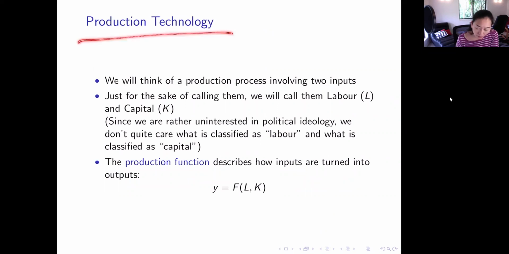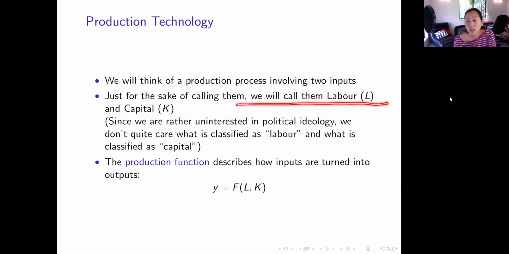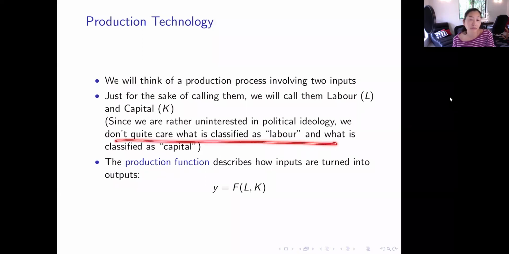Production technology: we will think of a production process involving only 2 inputs for simplicity. So we call them labor L and capital K. We don't really care what is classified as labor and what is classified as capital in this course.